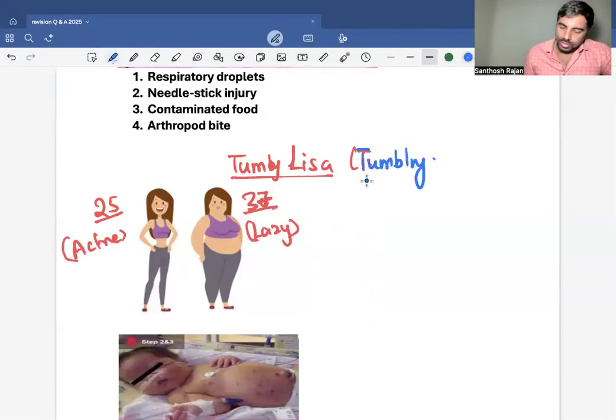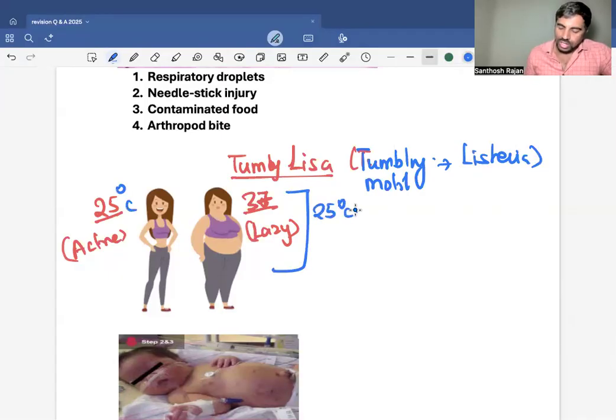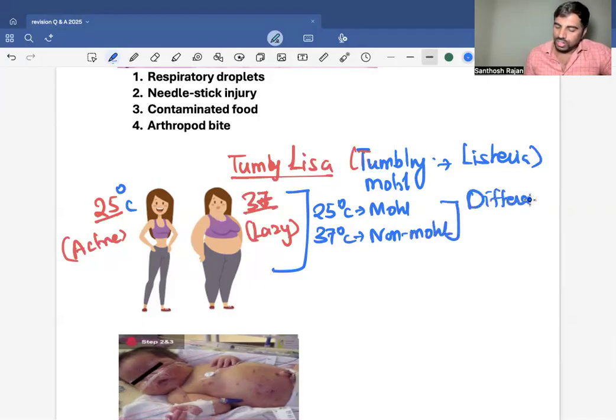Which bacteria, Lisa? Listeria. Okay. And then why this difference? At 25 degrees Celsius, they are motile. And at 37 degrees, non-motile. So this is typically called differential motility.